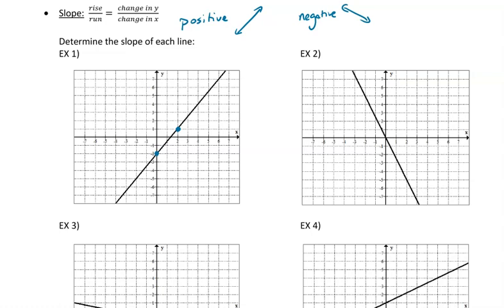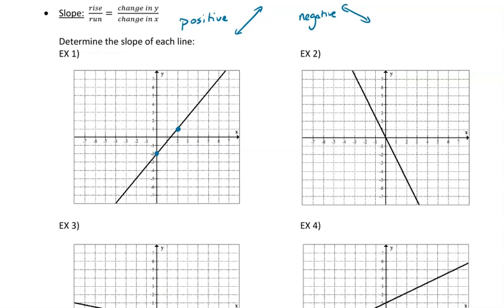So we already said slope is rise over run. To find slope, we are going to see how high this is going to get to the next point. So left to right, how much does it rise, so how high does it need to go to get to the next point?